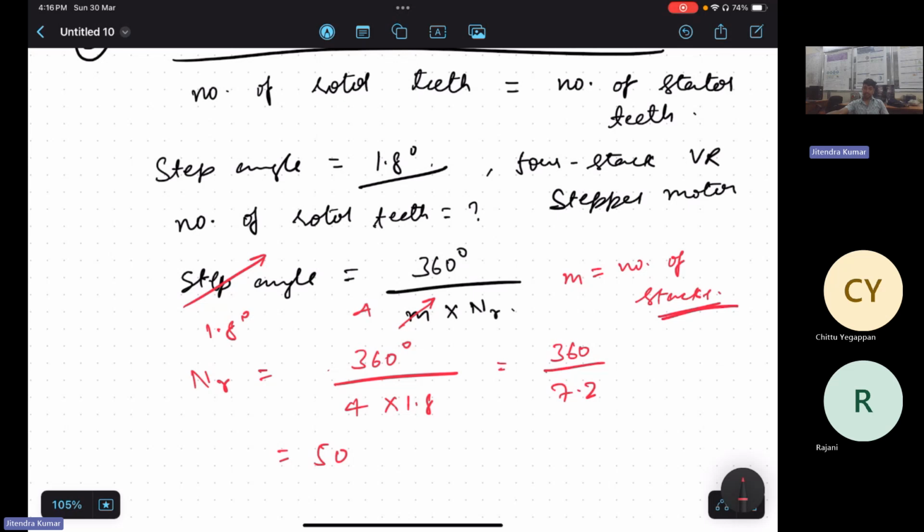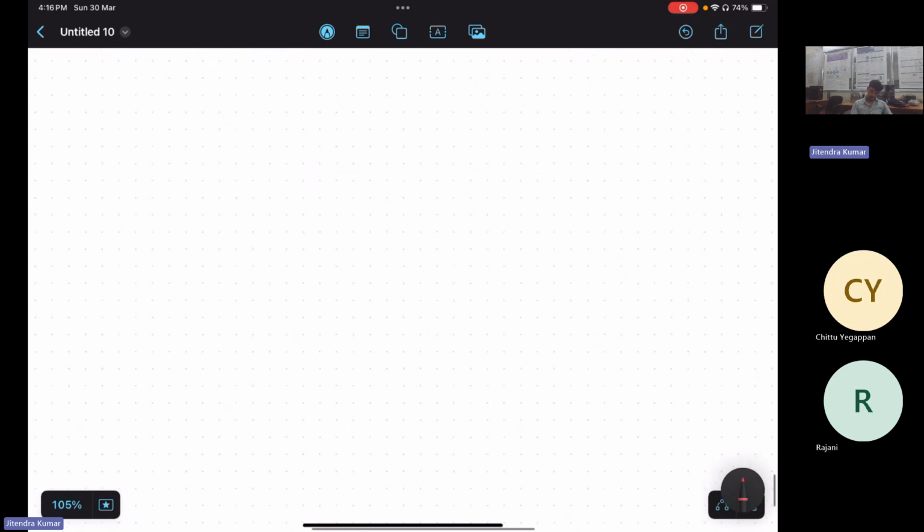Okay. So next is a single stack, four phase, multi-pole stepper motor.